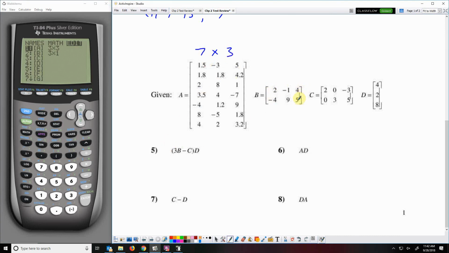We'll just put all the dimensions over these: 2 by 3, 2 by 3, and 3 by 1. So our first matrix that we're going to edit is going to be a 7 by 3. Especially with these bigger matrices, it's important to double check and make sure that you're typing in everything correctly.